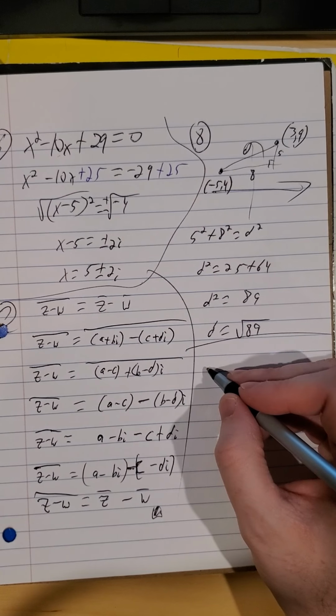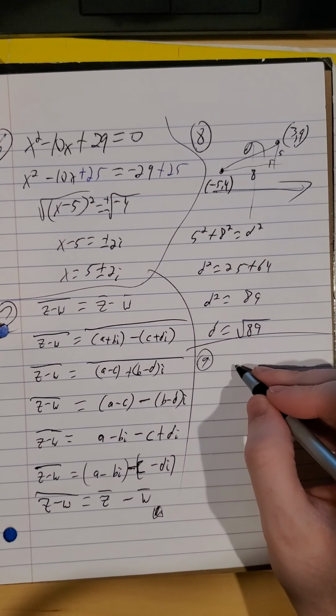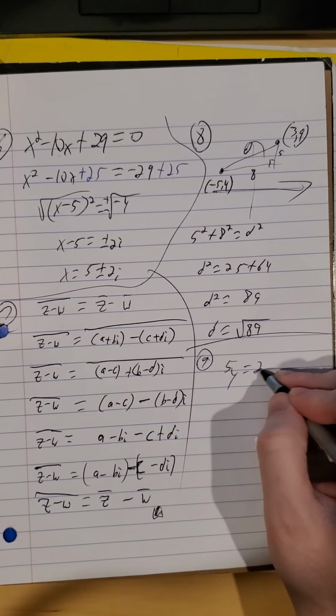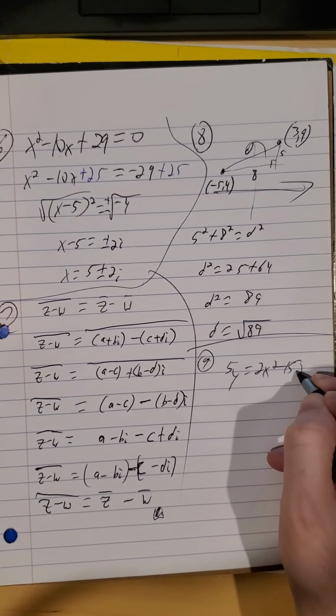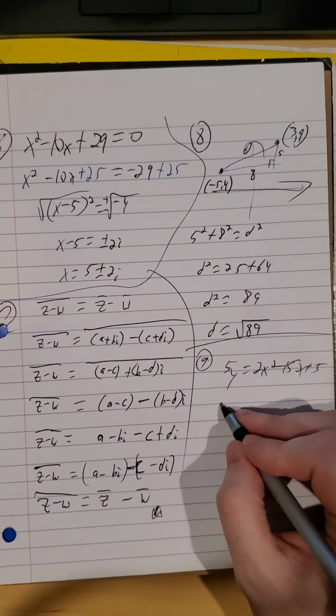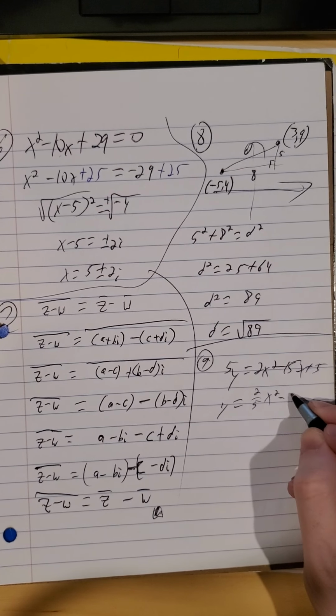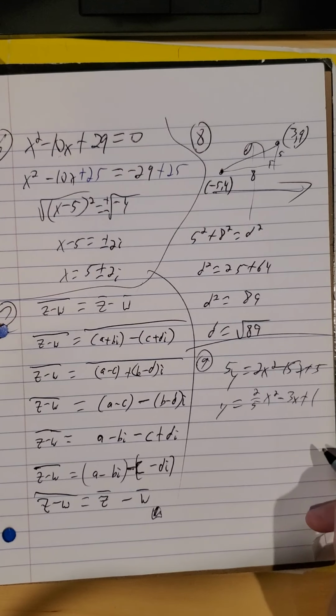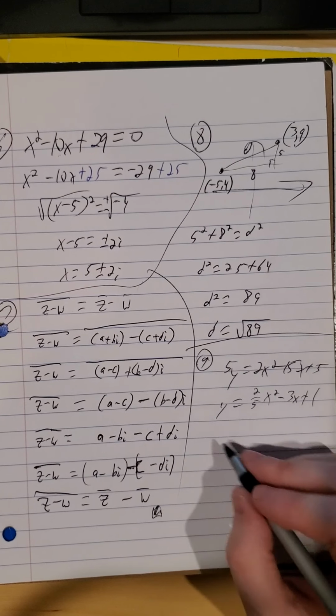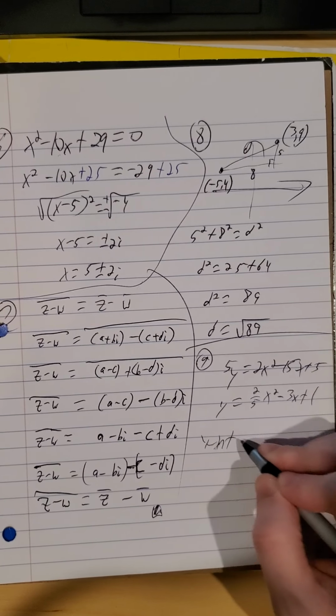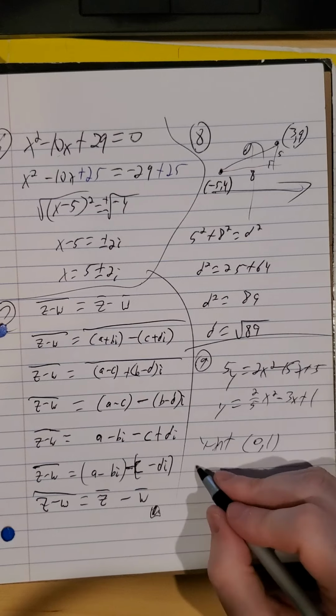Number 9, calculator problem. We just had one part to do on paper, and that is get the y by itself. So y was 2/5 of x squared minus 3x plus 1. So our y-intercept is (0, 1).